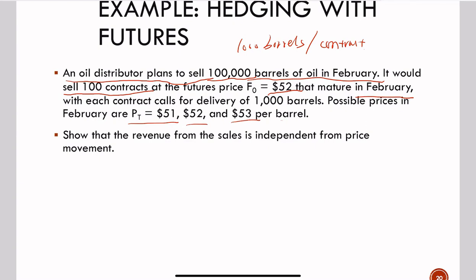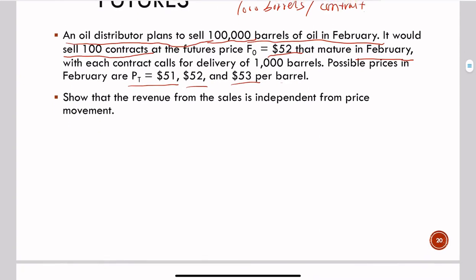This basically means that when I make delivery of these 100,000 barrels of oil, I will definitely sell at the futures price of 52. So this answer is, I would say, conceptually correct, but in reality, it's not that simple. So let's see how this actually works.